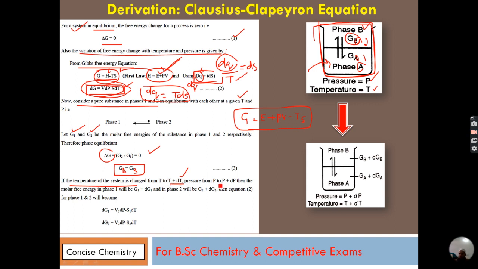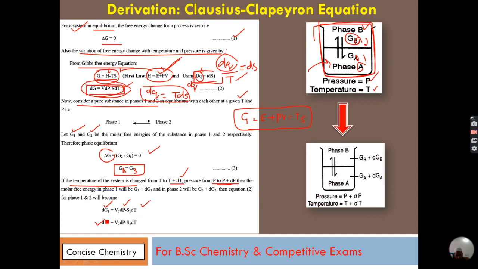जैसे मैंने कहा system is in the equilibrium. For the system to remain in the equilibrium, the pressure will also get altered accordingly. So let's say the pressure changed from P to P plus dP. ठीक है? So when the pressure changed, we can write down now dG1 for substance 1 as per this relation. It's V1 dP minus S1 dT.